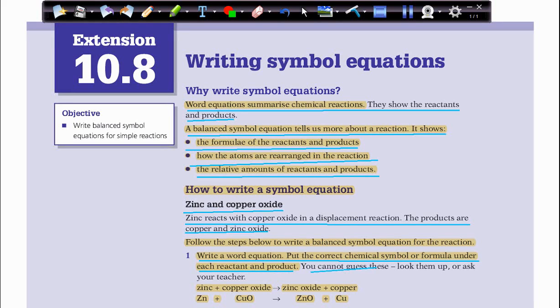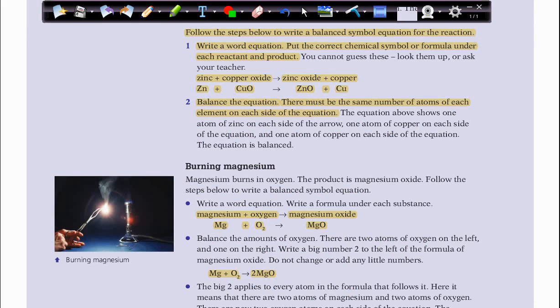I cannot guess these. I need to look for these chemical symbols or ask the teacher. I can use a secondary source like the book, the periodic table, or the internet.